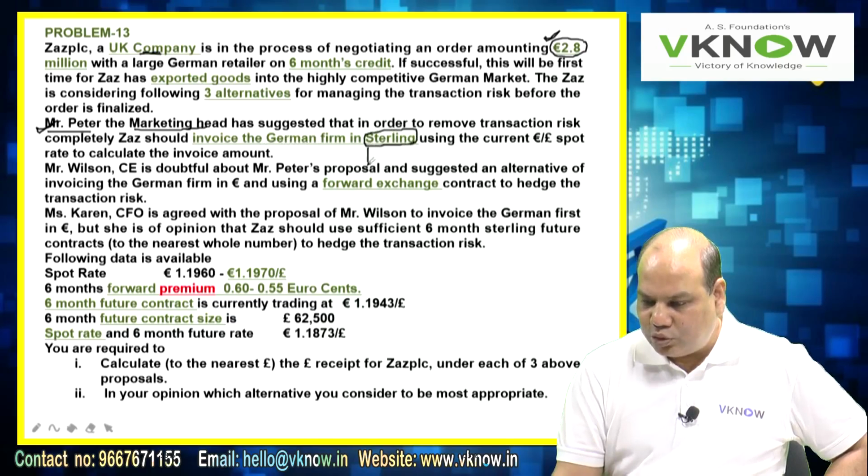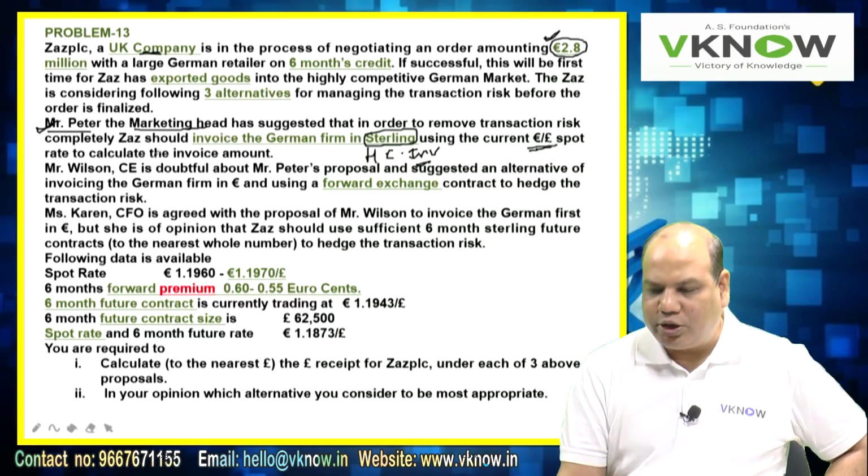So this is called home currency invoicing. Safest route. Let the other party convert euro into pound and make you the payment. For invoicing in home currency, use the current euro per pound spot rate to calculate the invoice amount.